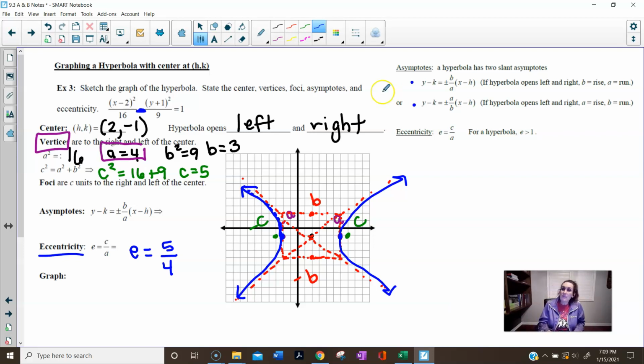Because the hyperbola opens left or right, we're going to use the first formula. So the formula for the asymptote is y subtract k equals plus or minus, which is going to be the positive line and the negative line all in one equation. And it would be B over A.